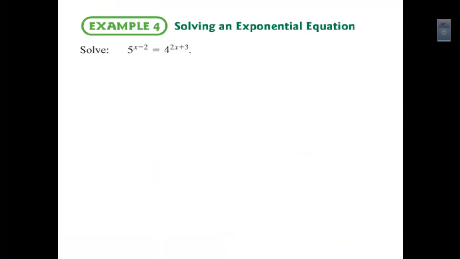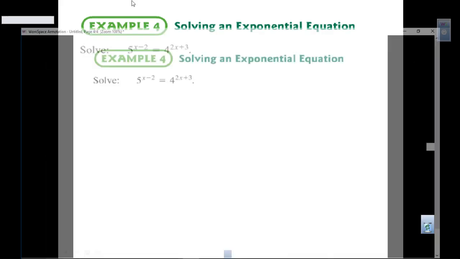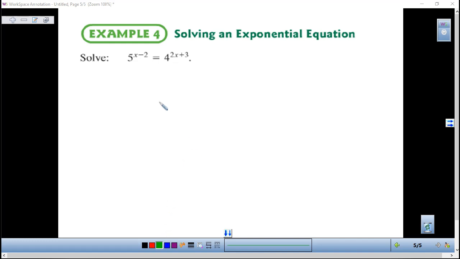Alright, so this one is a little more complicated than the other ones we've dealt with, but it's not too bad. We've already got exponential expressions on both sides. They are isolated, so we're good by just taking the natural log of both sides.